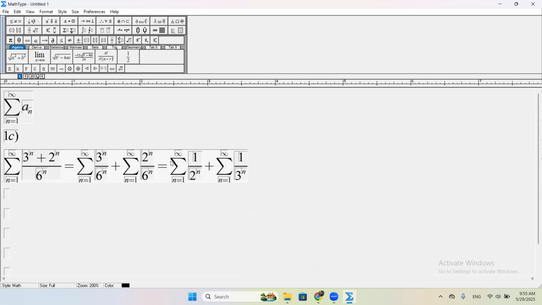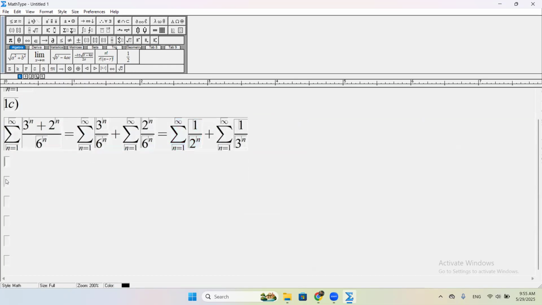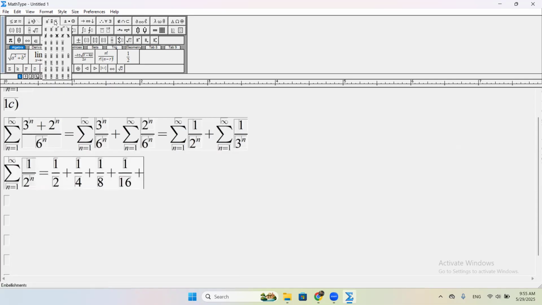So let's look at each series separately. Writing down the first series: 1 over 2 plus 1 over 4 plus 1 over 8 plus 1 over 16 and so on. So what do you see here?